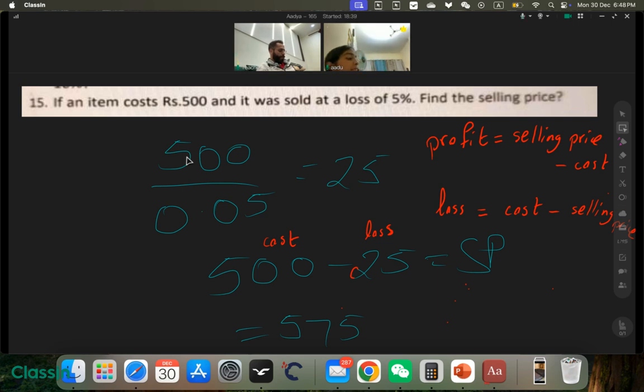Because you're at a loss, the cost is higher than the selling price. So something cost you more than what you're selling it for. So it makes sense. Adya, if something cost you 500 and you're selling it for 575, are you at a loss or are you at a profit?